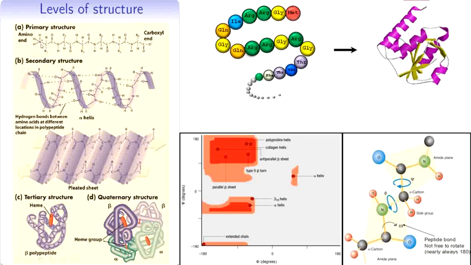So if there is hydrogen bond formation between i and i plus 3, or i and i plus 4, then we get to see the alpha helical structure. On the other hand, when we have i to i plus 5 connections and intra-chain hydrogen bonds, then we get to see the beta sheet structures.